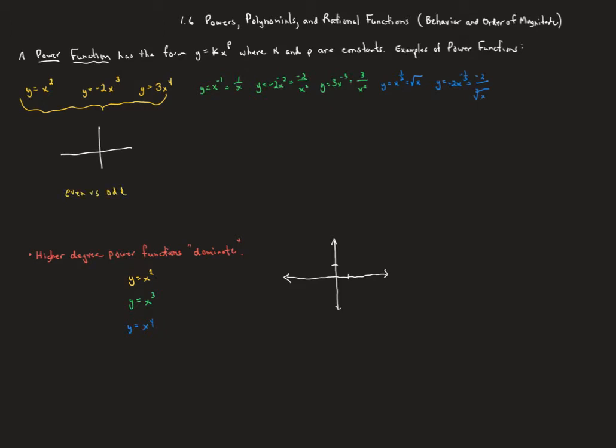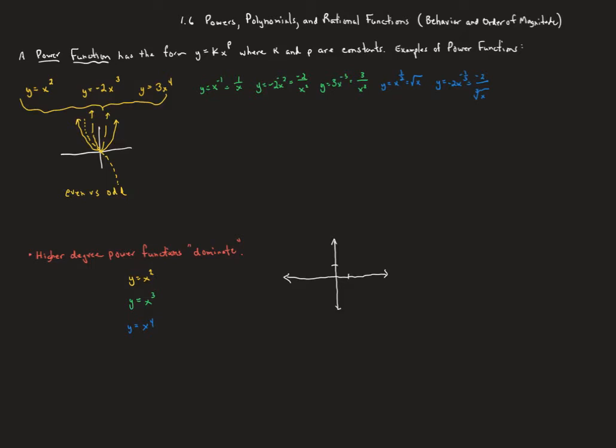So the noteworthy behaviors are, x to the second, we hopefully recognize is going to be a parabola, and negative 2x to the third is going to look something like this roughly. So the negative is going to reflect it in the x, and the 2 is going to stretch it. 3x to the fourth will look sort of parabolic, but it will be even steeper, and then the 3 is going to stretch it and make it steeper still.